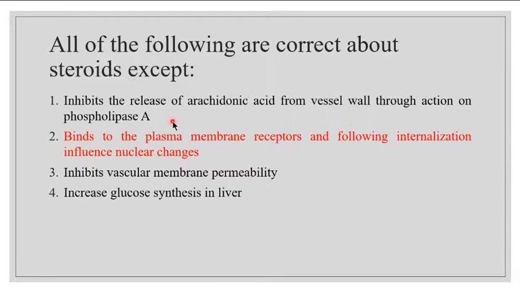So corticosteroids not only inhibit inflammation by inhibiting the release of arachidonic acid, but they also permit vascular membrane permeability, leading to vasodilation, bronchodilation, and also help to maintain glucose supply to the brain by increasing the level of glucose in the body.